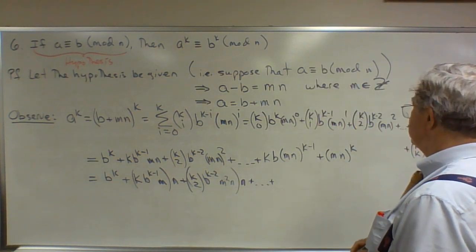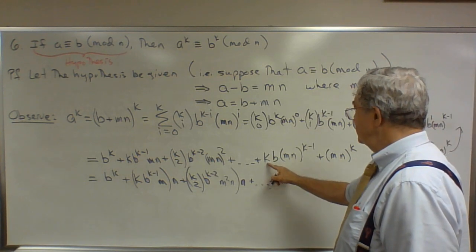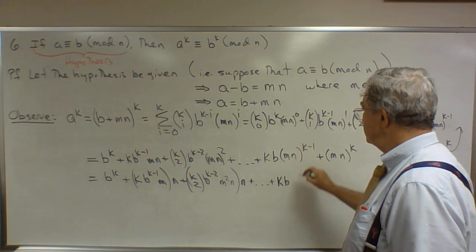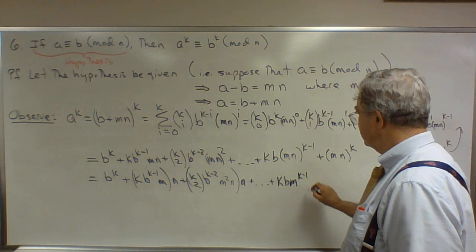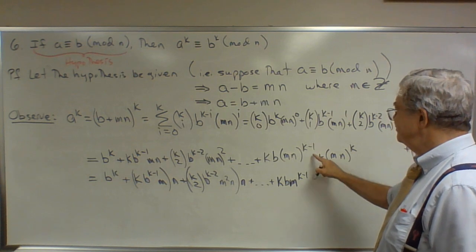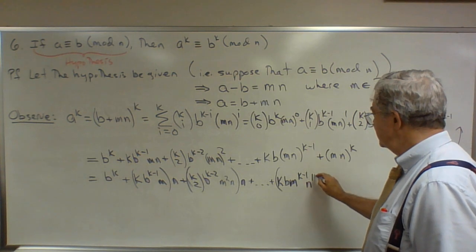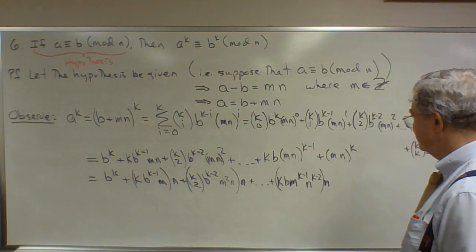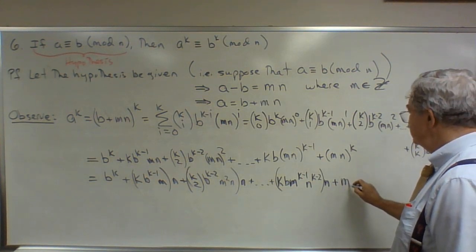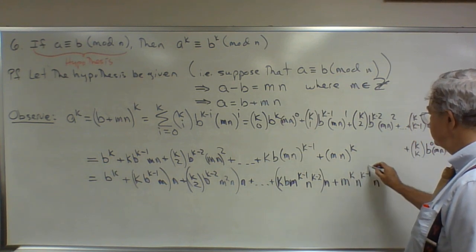And then over here, I have k, b, m to the k minus 1, n to the k minus 1, but I'm going to take one of those factors and put it out here. So what I'm going to have is n to the k minus 2. And then here I'm going to have m to the k, n to the k minus 1 times n.